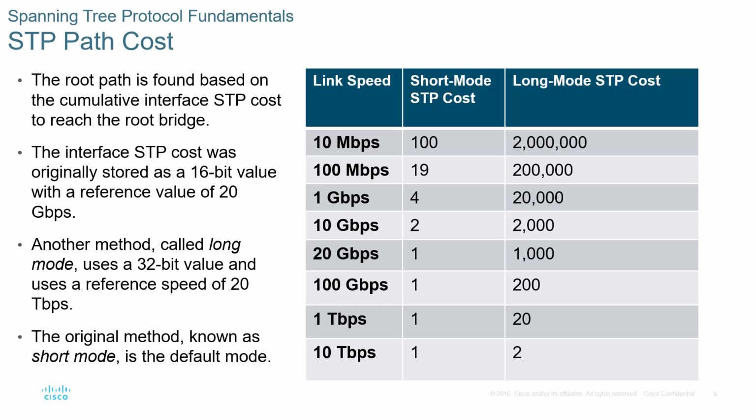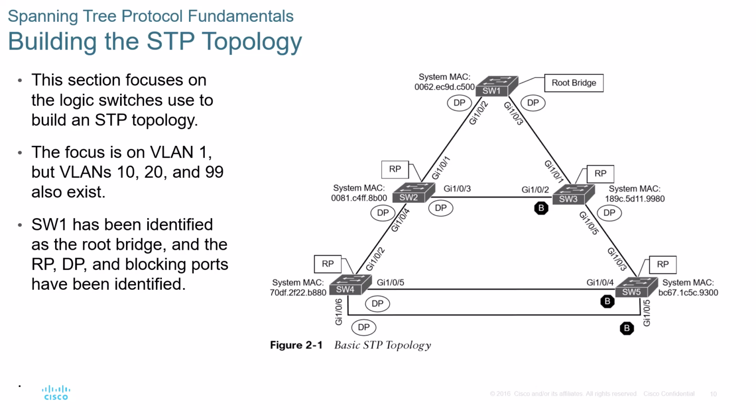So let's see an example. Here we have our switching loop between switch 2, 3, and 1. We can identify which one is our root bridge. It's labeled, so that makes it a little bit easier. This is our root bridge as identified. That means the ports leading away from it will be our designated ports, and all ports going back towards it will be our root ports.